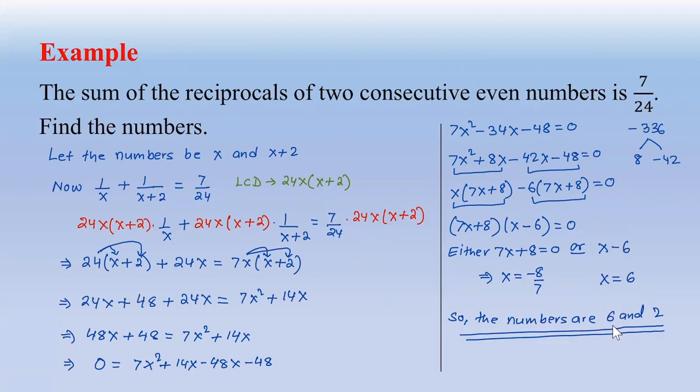Meaning, 1 over 6 and 1 over 8. This is 8, by the way, 6 plus 2, 8. So if we take the reciprocal of each of these, it will be 1 over 6 and 1 over 8. And when you add 1 over 6 and 1 over 8, the result will be 7 over 24.